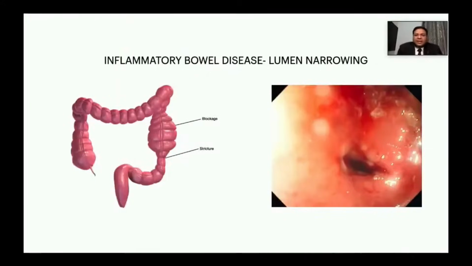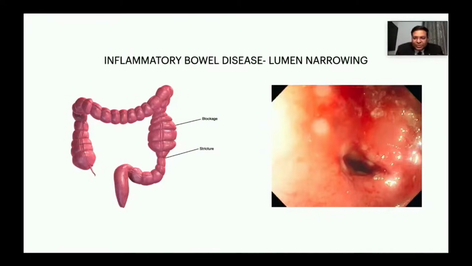Then another cause is inflammatory bowel disease, namely Crohn's disease. Inflammatory bowel disease, as we know, is a chronic problem, and we can suppress it, but we cannot cure it properly. Multiple ulcers are formed. They gradually heal, and then again ulcers come.